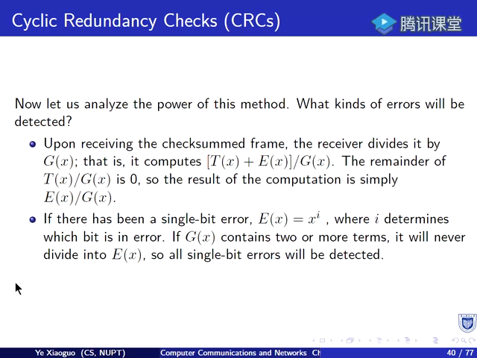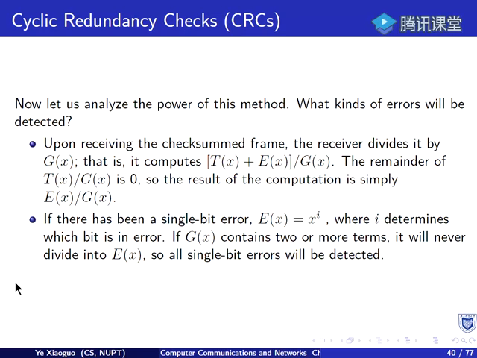Upon receiving the checksummed frame, the receiver divides it by Gx, the generator polynomial. That is, it computes Tx plus Ex divided by Gx.